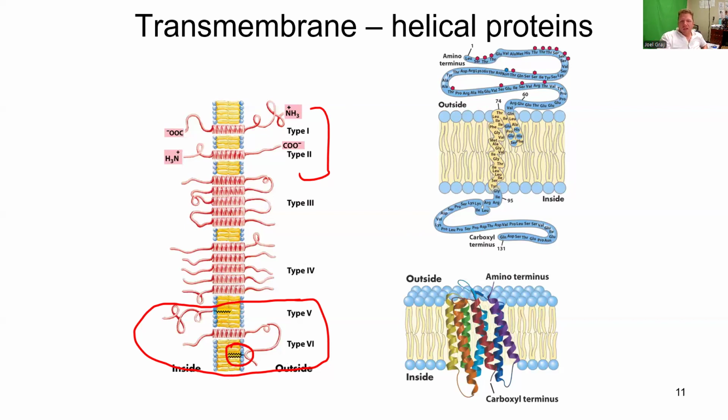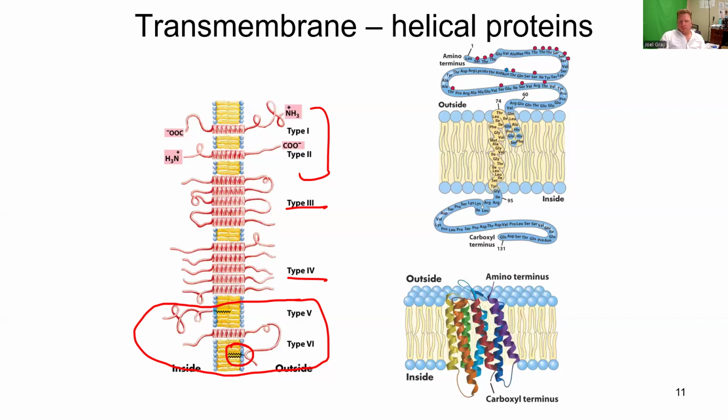whereas type 2 has the N-termini on the inside of the cell. Type 3 and type 4, the difference between these is type 3 is one singular polypeptide with multiple transmembrane alpha helices that span this membrane, whereas type 4 is multiple polypeptides that aggregate together. They're all helices, but they aggregate together to form this complex.